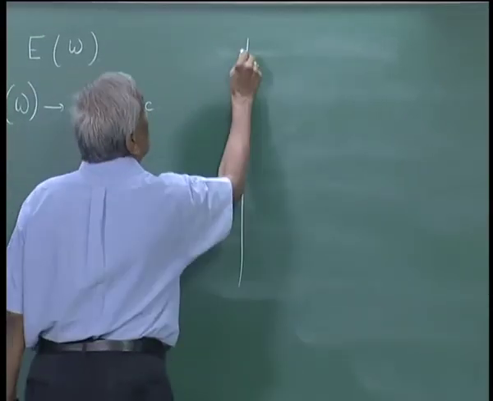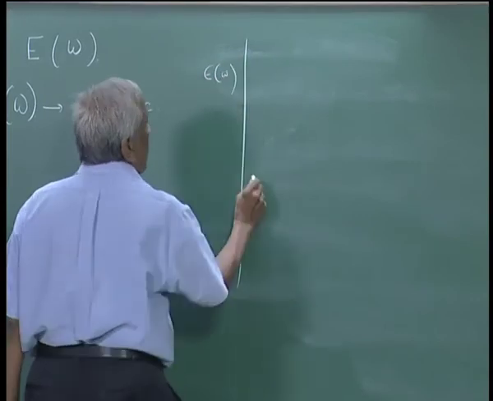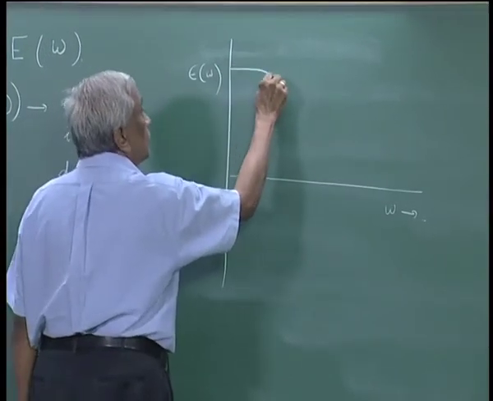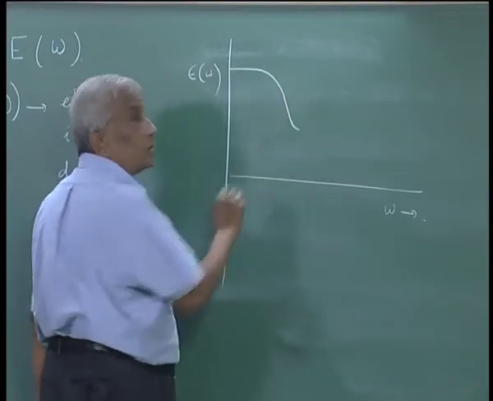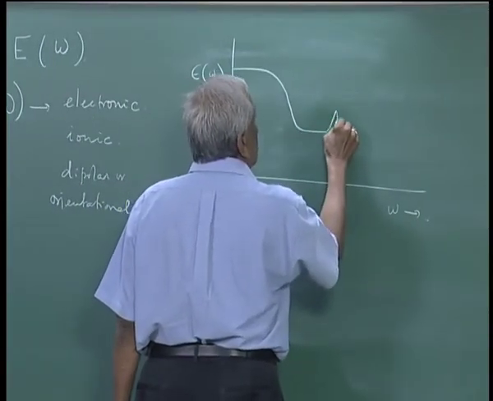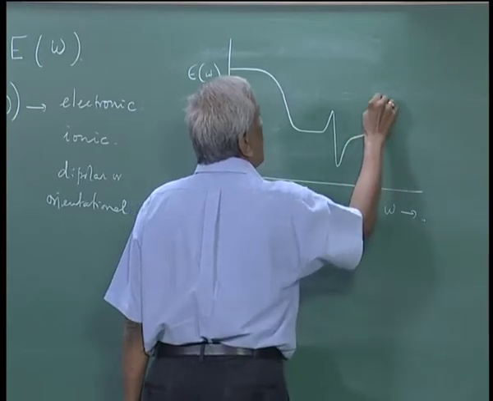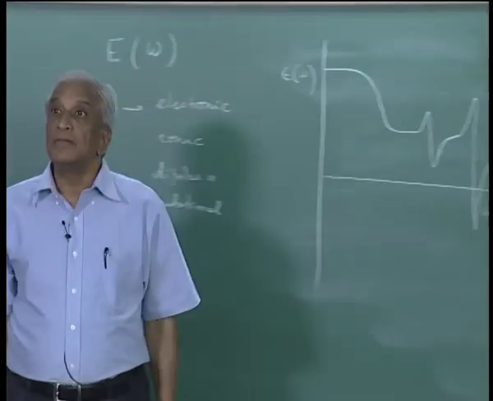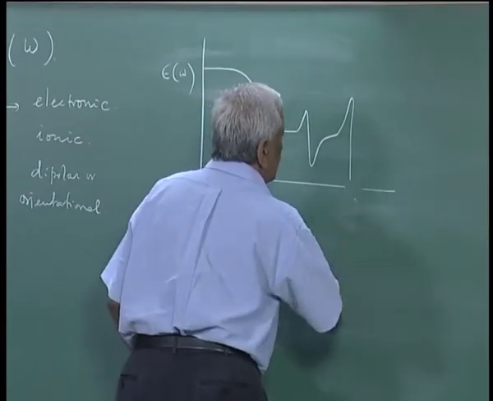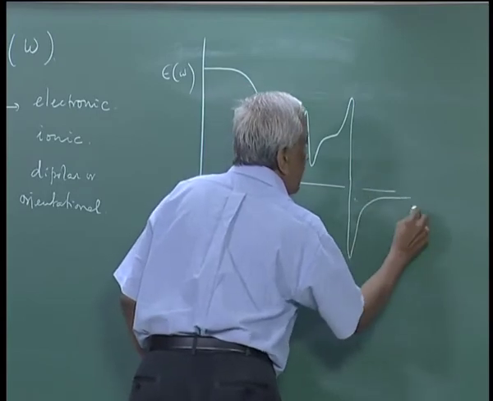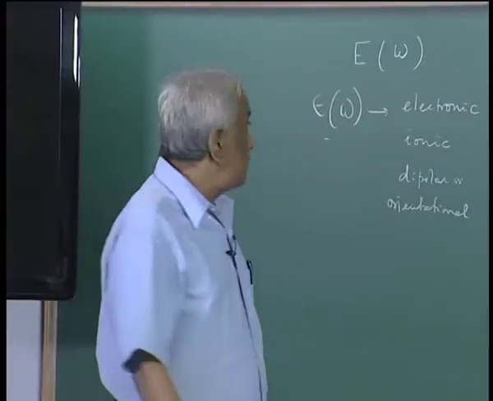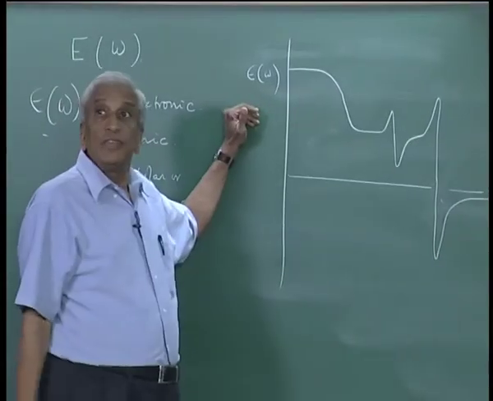So, the epsilon omega as a function of omega starts from this static value and goes down, and then there is a region here, and then there is a region here. So, that is the overall shape of the polarizability as a function of frequency.